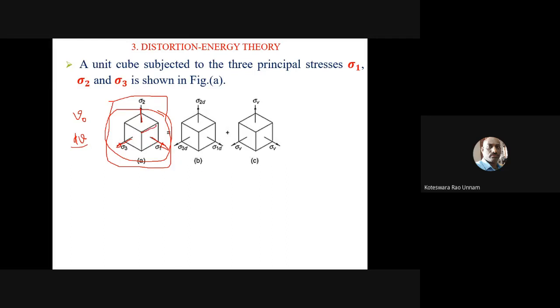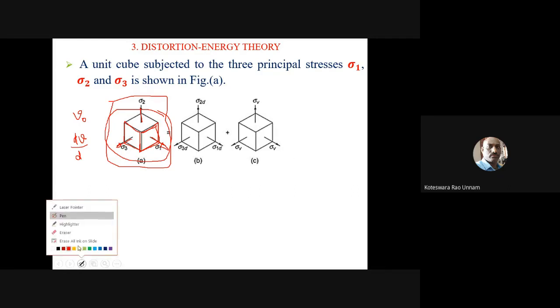Before applying the load, it is actually a cube. But because of the applied load or applied stress, its shape may also distort. The energy which is causing the distortion in the shape of the component, we call a distortion energy. So I am dividing the stress components into two components, something like this.